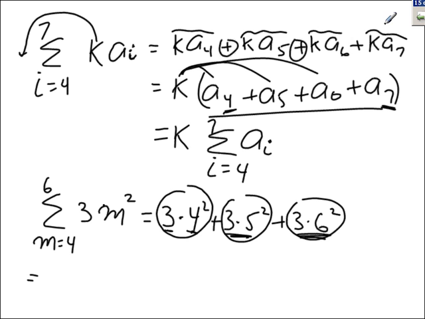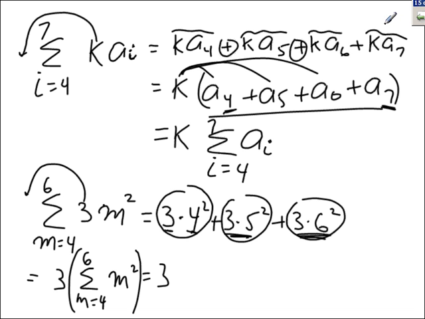Instead of doing that, you can factor out the 3. It's 3 times the summation as m goes from 4 to 6 of m squared. So it's 3 times what's in the bracket. What's in the brackets is the summation. First m is 4. It's 4 squared plus 5 squared plus 6 squared.